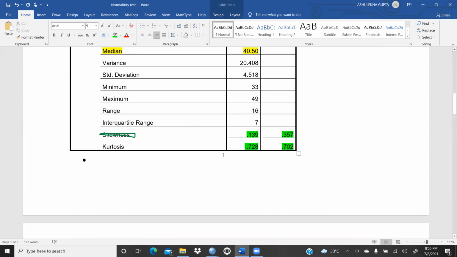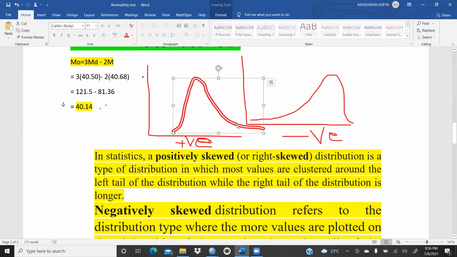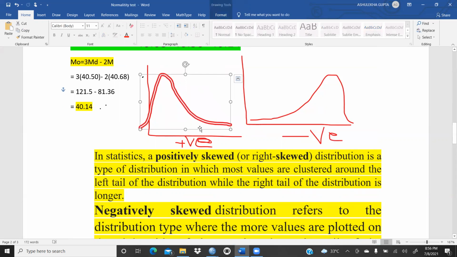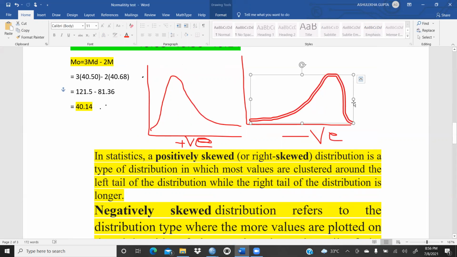But what is positively skewed? In statistics, a positively skewed or right-skewed distribution is a type of distribution in which most values are clustered around the left tail, while the right tail of the distribution is longer. That is flattened, right?